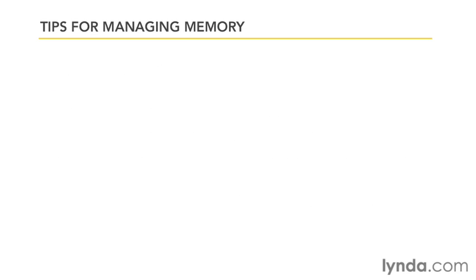You can manage the memory of the Java Virtual Machine by setting certain parameters when you start up an application. You can also tune your application by minimizing the number of objects that you create. As you've seen in many of the examples in this course, there are different ways of architecting Java code, so that you can create a whole bunch of objects, or you can reuse objects that you've already created. In general, it's better to reuse.